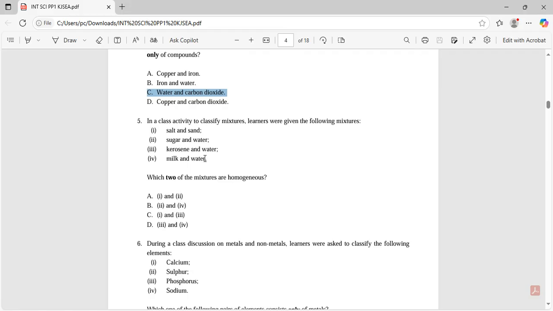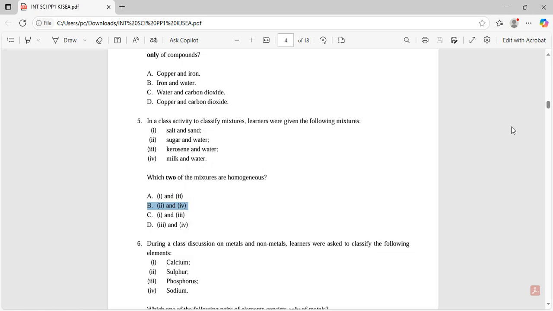Milk and water, so I can give milk and water because you shall get a simple white mixture. Sugar and water, when the sugar is saturated, you shall find traces of sugar at the bottom. So I give the best homogeneous mixtures as choice 2, sugar and water, and choice 4, milk and water. So choice 2 and choice 4. So number 5, you give B.